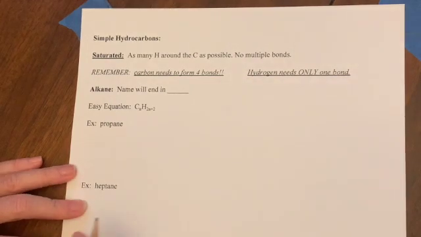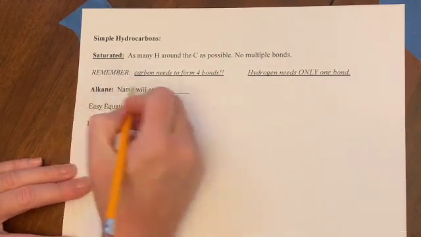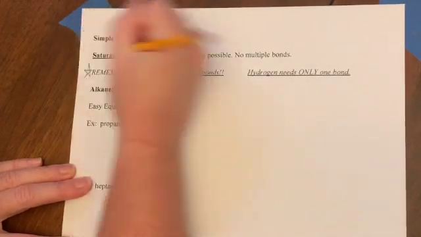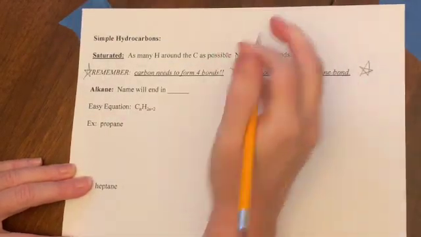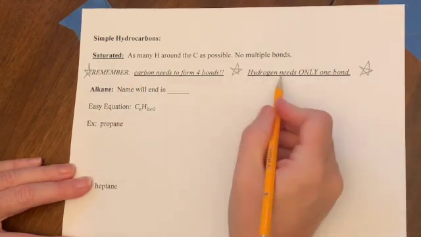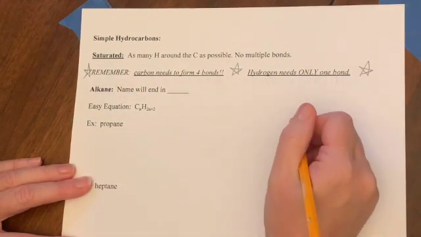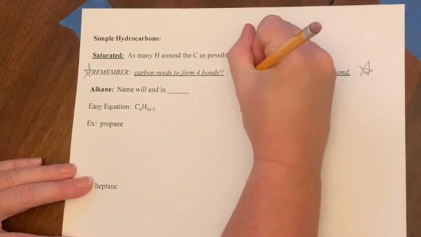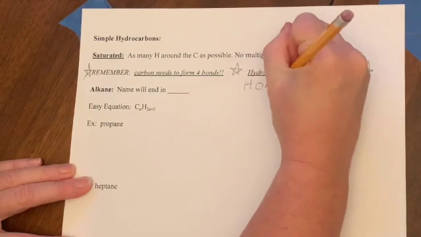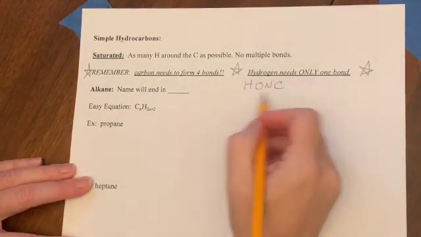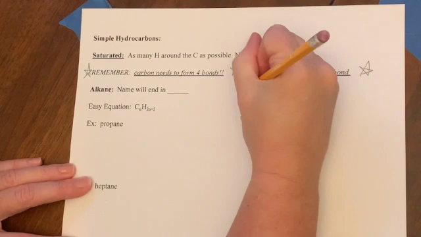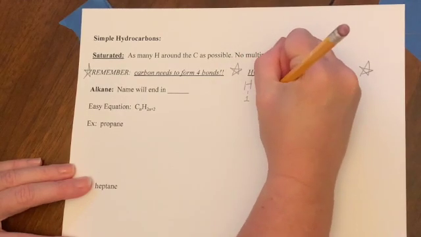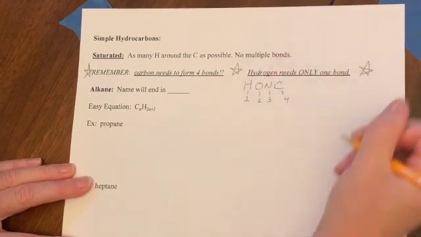So let's see how this is going to work. Before we go on, please remember that carbon needs 4 bonds around it. This is super important, so we're going to put big stars here. Carbon must have 4 bonds, and hydrogen is only going to have that 1 bond. If you recall from the video we watched, you're good as long as you can remember 1, 2, 3, 4 and misspell HONC, because hydrogen just needs 1 bond, oxygen 2, nitrogen 3, and carbon 4.